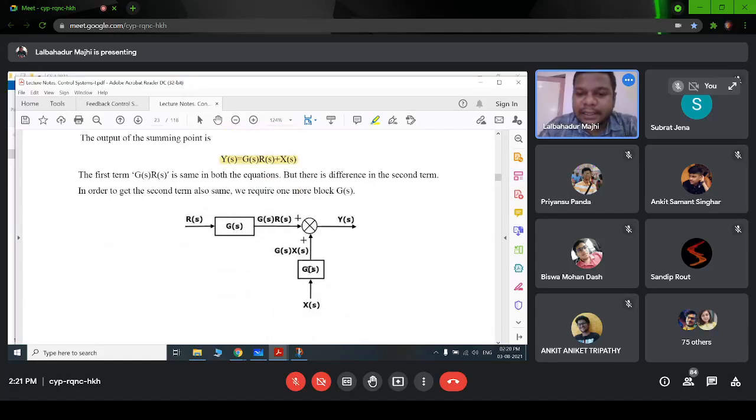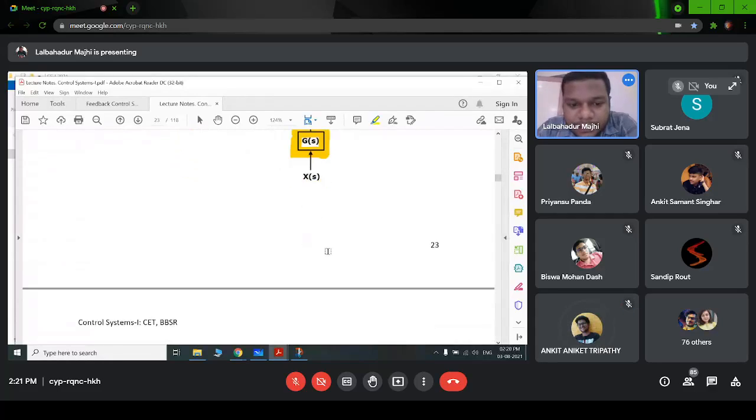Now the output is g of s into r of s plus g of s into x of s. So it is the same as the previous one, where the summing point was before this g of s. Clear? If we have to change the summing point, then we have to make sure that the output remains the same.